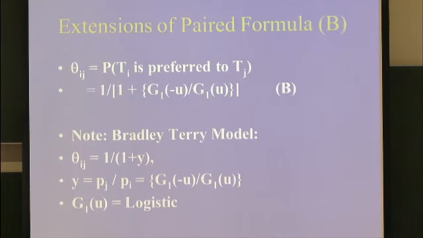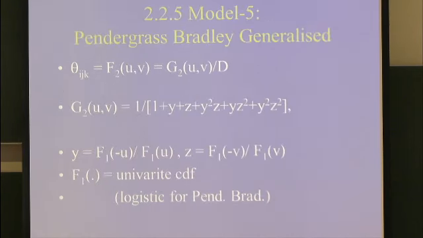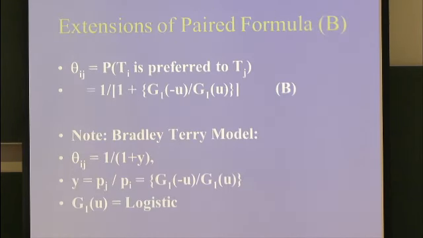based on the first formula, the first way of looking at a marginal, a pairwise probability for theta ij. Here's the other one, where we take it as 1 over 1 plus the ratio G1(-U) over G1(U). If we look at the Bradley-Terry model in particular, theta ij is 1 over 1 plus y, where y is the ratio pj over pi, and that's this G1 ratio. And G1 is the logistic distribution in that case.